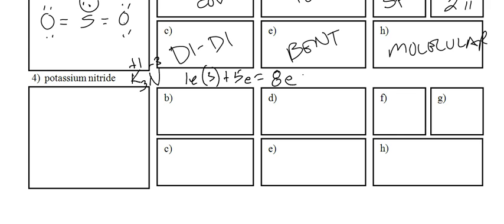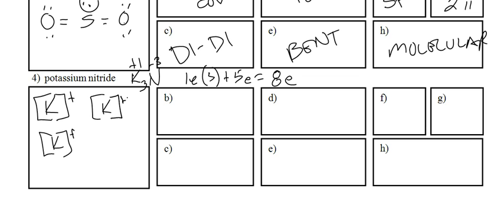Again, this is an ionic compound because we have a metal with a nonmetal. So what that means is each potassium is going to give away an electron. So we need to show brackets. Brackets represent 2 things. The first thing that it represents is that we have a different number of electrons from that which we started. Also, we put the charge on there to indicate how many electrons the element either gained or lost.